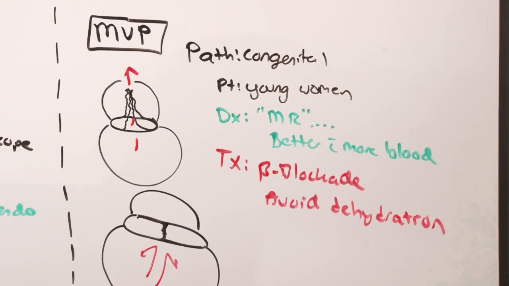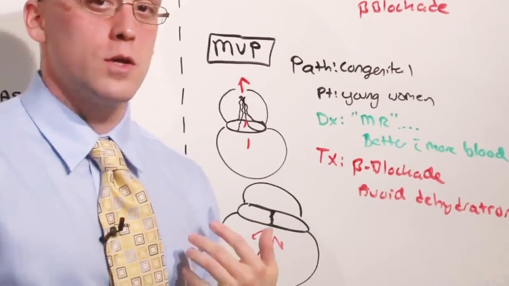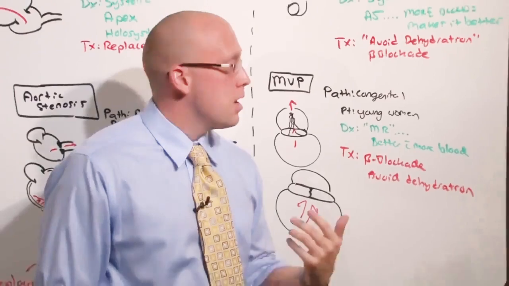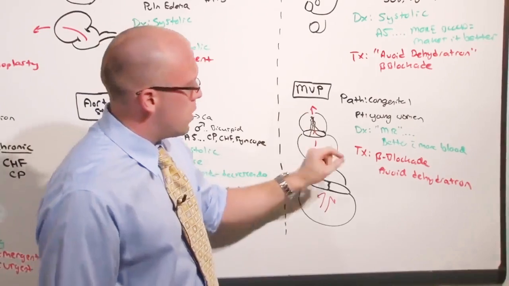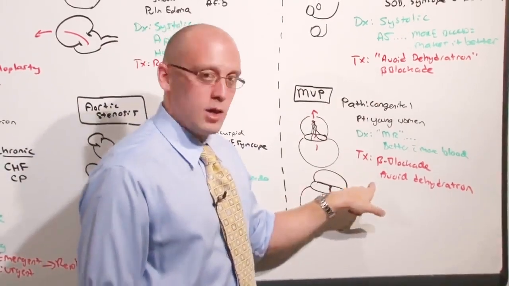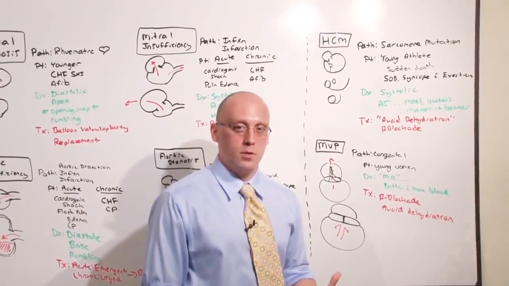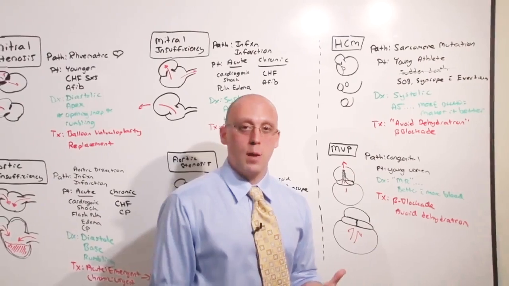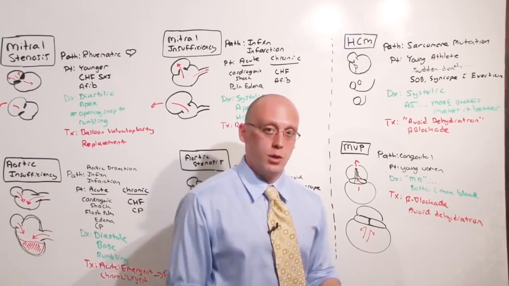So let's talk about these two murmurs in particular and identify how the treatment follows the physical exam maneuver. In hypertrophic cardiomyopathy and mitral valve prolapse, the treatment is beta blockade and avoidance of dehydration. Why? Because you want to improve diastolic filling by having more diastole, more time to fill the ventricle, and avoid dehydration so that you sustain preload.